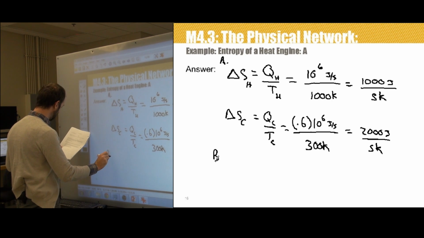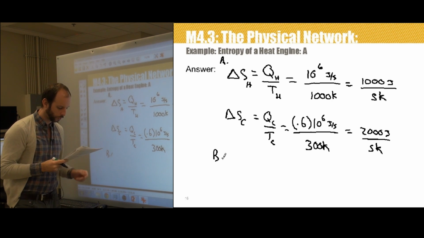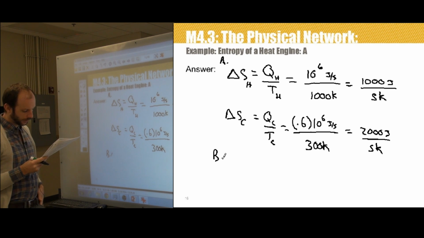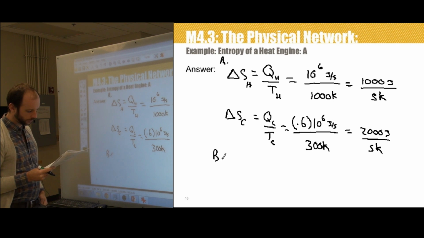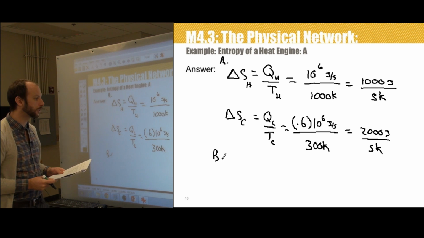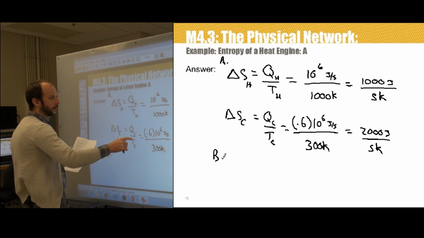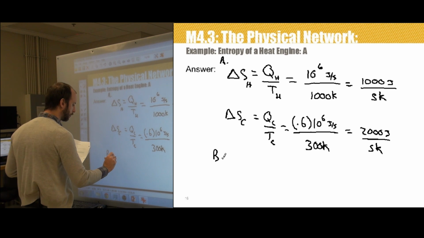Part B asked again what was the work done by the engine in watts. And we know that the heat engine converted 40% of the input energy into work. So we've got that the input energy was 10 to the 6 joules per second.